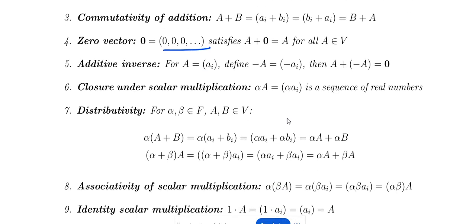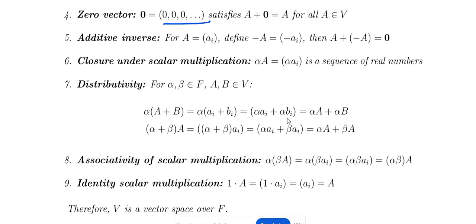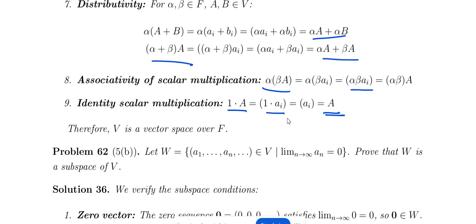It also satisfies distributivity: alpha into A plus B equals alpha A plus alpha B, alpha plus beta into A equals alpha A plus beta A, and associativity of scalar multiplication: alpha into beta A equals alpha beta into A. And the scalar identity: 1 into A equals A. Okay. So this collection is a vector space over F.